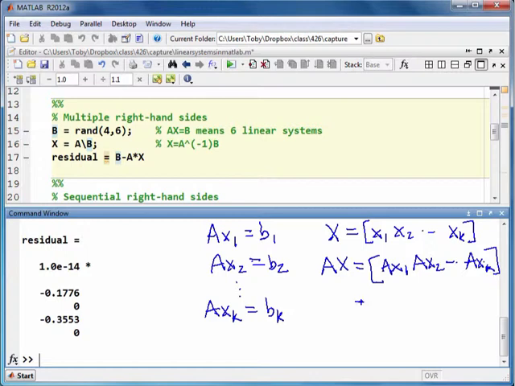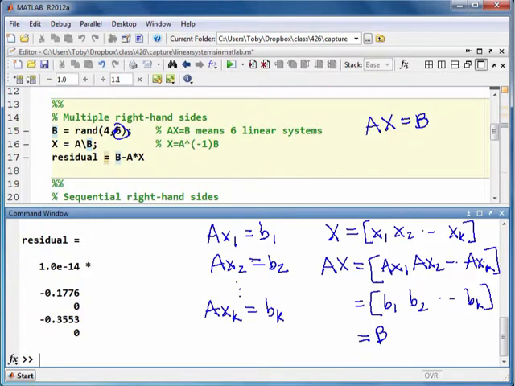And we know that each one of these is supposed to equal one of the B's. So we can call this matrix on the right just capital B. So now we want to solve A capital X equals capital B. B has k columns. Here we have 6 columns for 6 different right-hand sides.